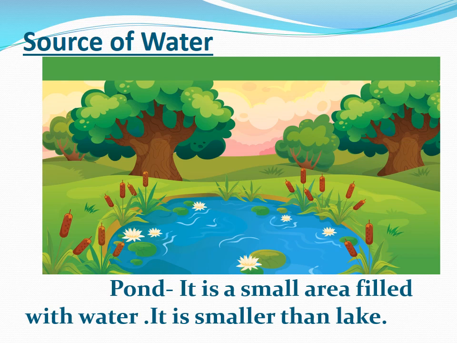We can find some water animals in the pond as well, like frogs, fish, etc. In some villages where there is no river, people of that area use the pond water for washing their clothes and watering their plants.